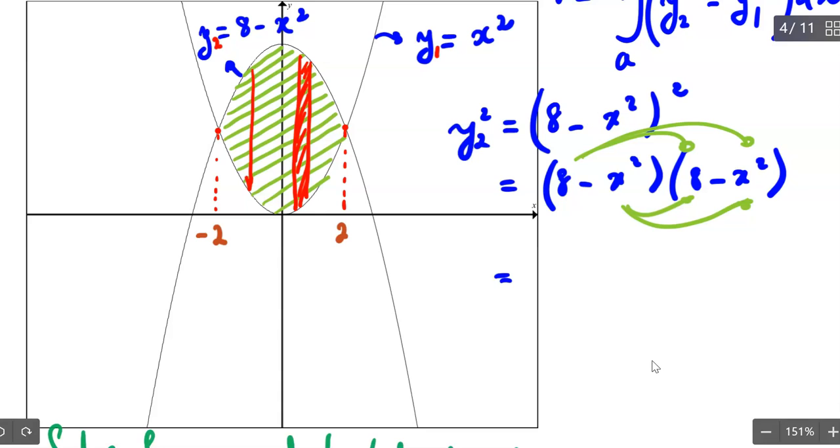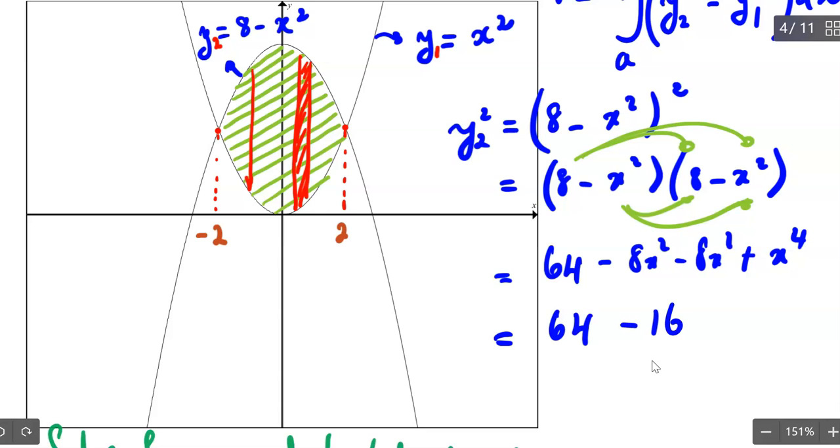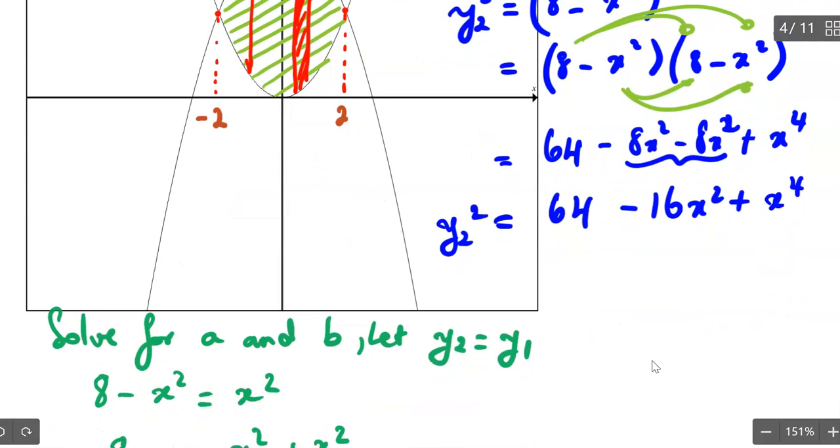So I should have is equal to 64 subtract 8x squared subtract 8x squared plus x to the exponent 4. So it's equal to 64 subtract 16x squared because I collect the two like terms, plus x to the 4. So this is my y2 squared. Okay, what about y1 squared?